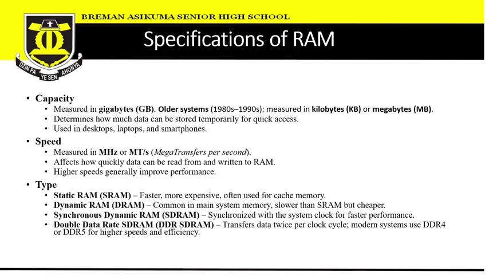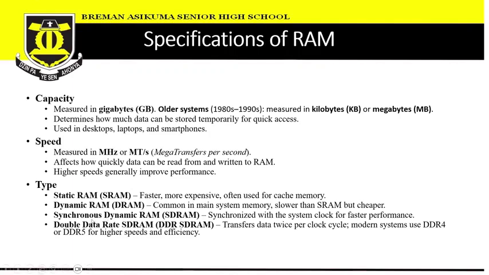Let's look at the type. Now, there are three main types that we have, but sometimes we add another one to make it four. We have the static RAM, short-termed SRAM, which is faster and more expensive, often used for cache memory. We also have the dynamic RAM, which is the DRAM, which is common in system memories, the main system memories, and is slower than the SRAM but cheaper.